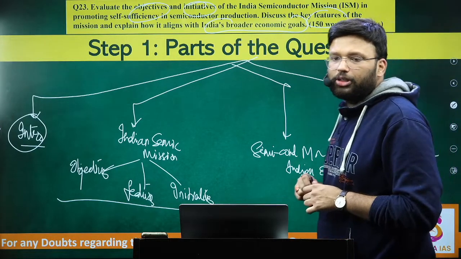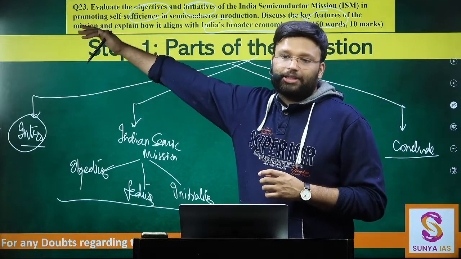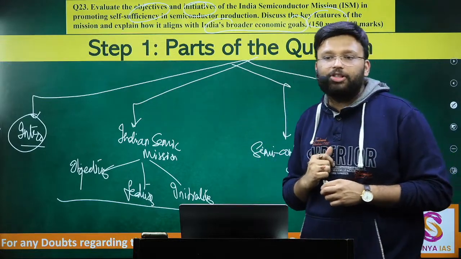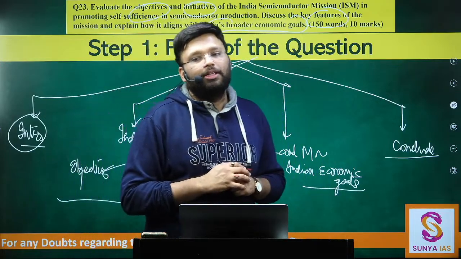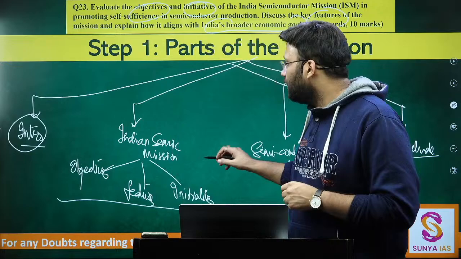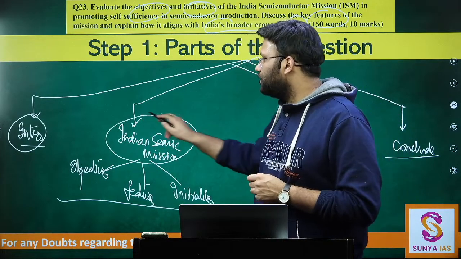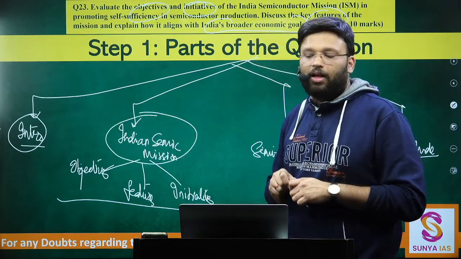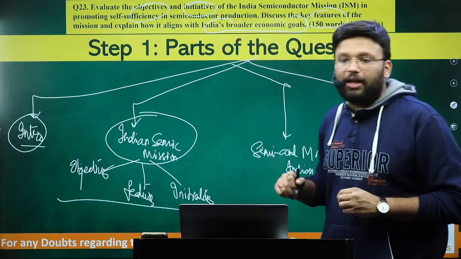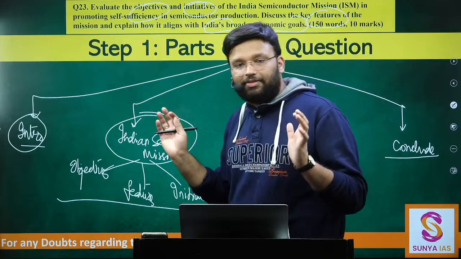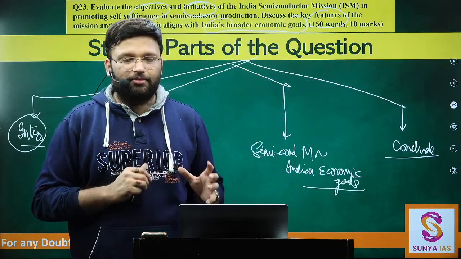But don't you think that when it comes to evaluation, there is also scope that you do not just mention the points, but also tell about certain challenges? On that, my opinion is that the question is a 10 marker and there is a crunch of space, right?